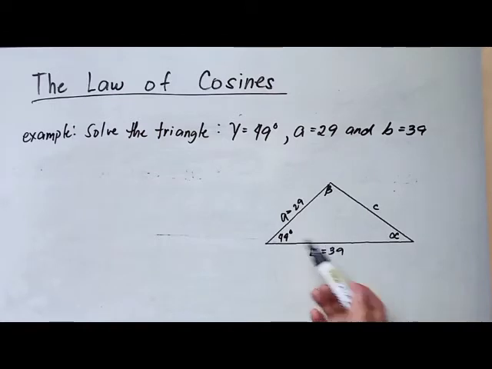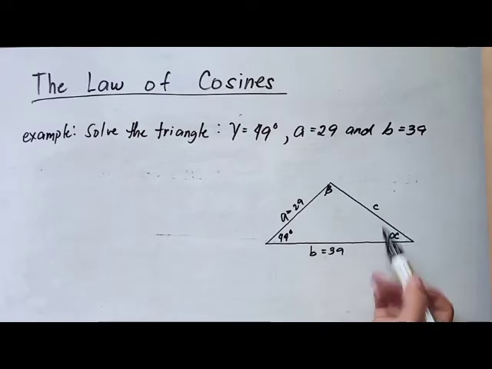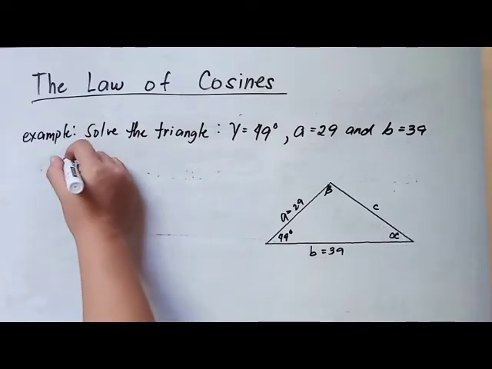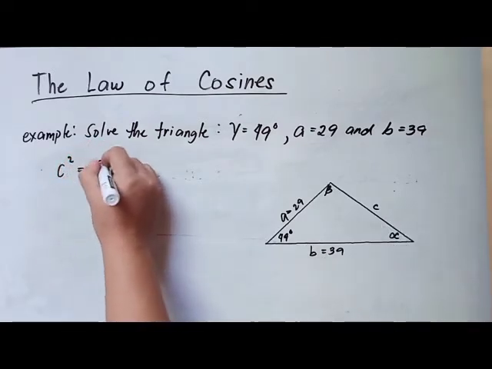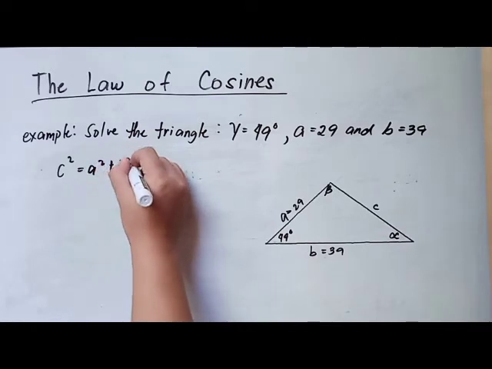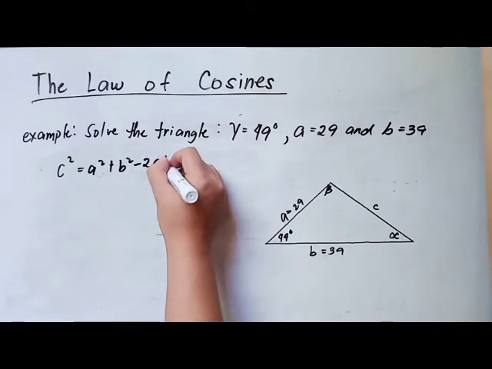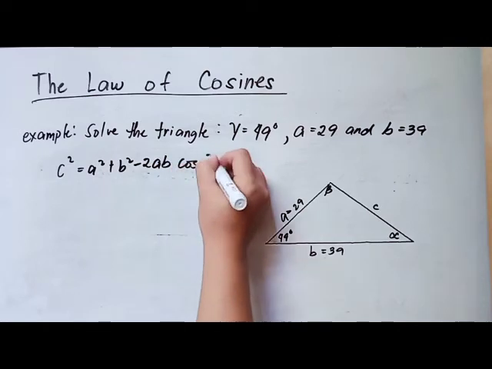So here, since side A and B are given together with their included angle, which is 49 degrees, then we can already find side C with our formula c squared is equal to a squared plus b squared minus 2ab cosine gamma.